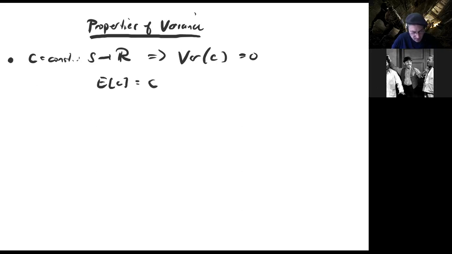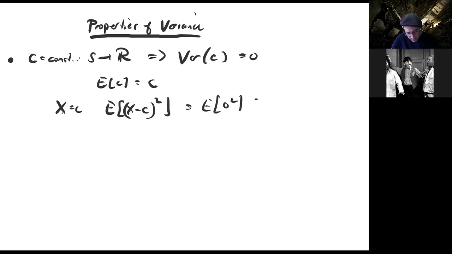That's easy to see. Therefore x is equal to c in this case, so the expected value of x minus c squared is the expected value of 0 squared, and the expected value of 0 is 0. That's the reason, and this here is the definition of the variance. So that's the first fact.